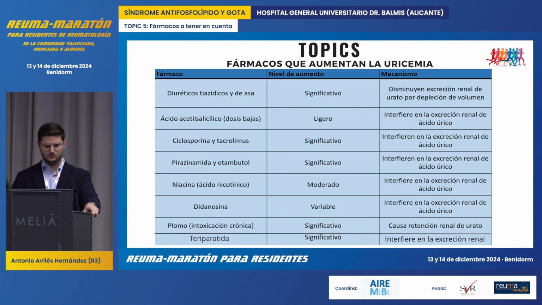Cyclosporine and tacrolimus also play a significant role, as do pyrazinamide and ethambutol, as well as lead and teriparatide, among others. Those drugs are known to cause a notable increase in uricemia levels, and therefore it is important to consider their use in clinical practice, especially in cases where we are unable to lower uricemia to the desired level to achieve optimal outcomes in patients with elevated uricemia.